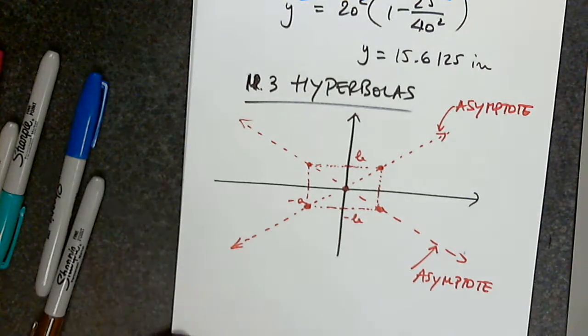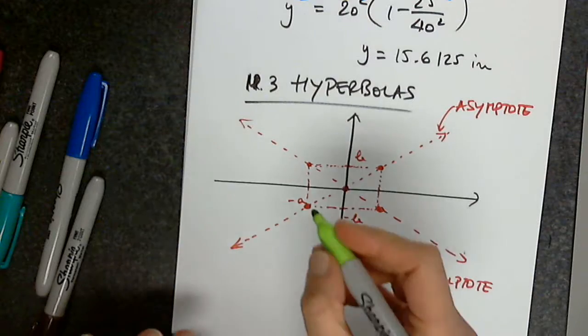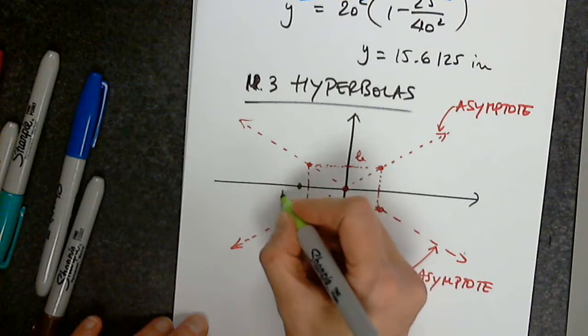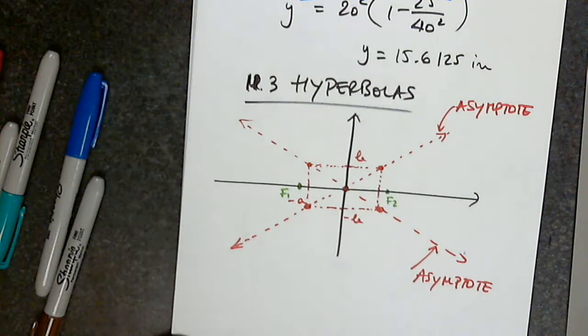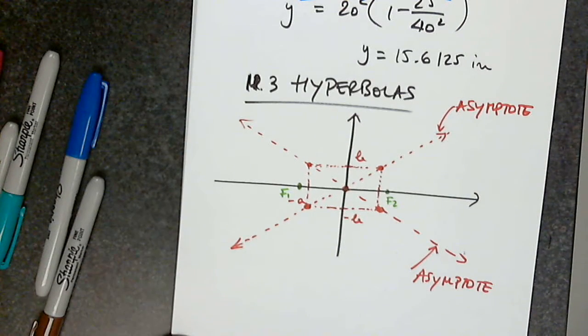Yes, like the ellipse, it has two foci. Here's one. Here's the other. And now you can ask, are you going to graph the hyperbola finally? Yes, now I'm ready. But this is the preparation I need.